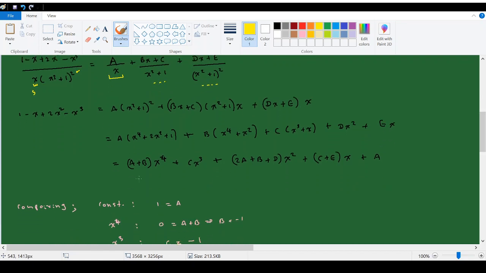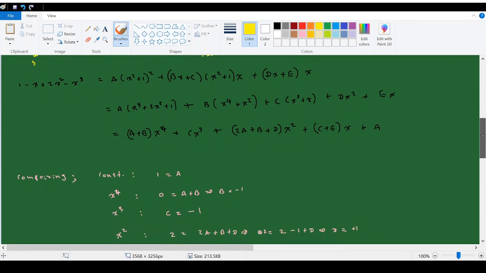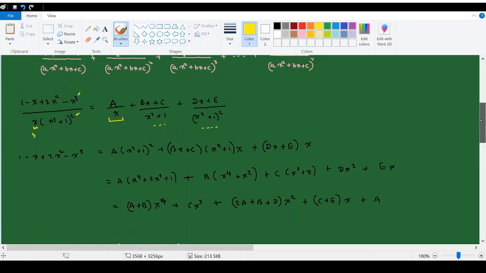After that we can write the x squared and x cubed terms separately along with their corresponding coefficients, and then we can directly use the comparing coefficients method, because even in this case we won't be able to find all a, b, c, d and e values just by substituting the roots.